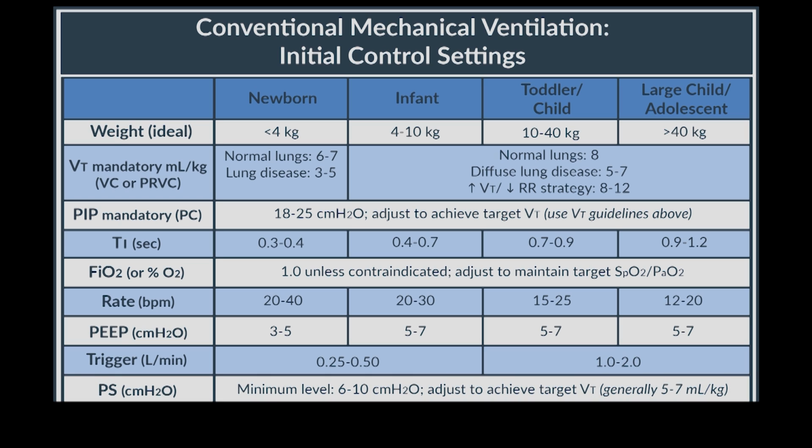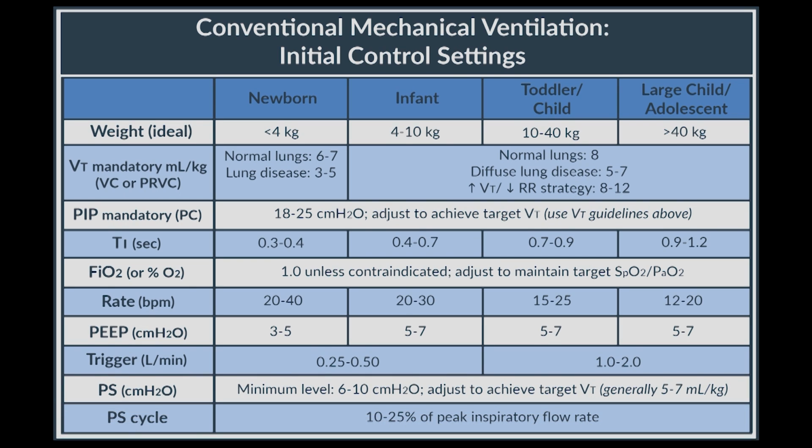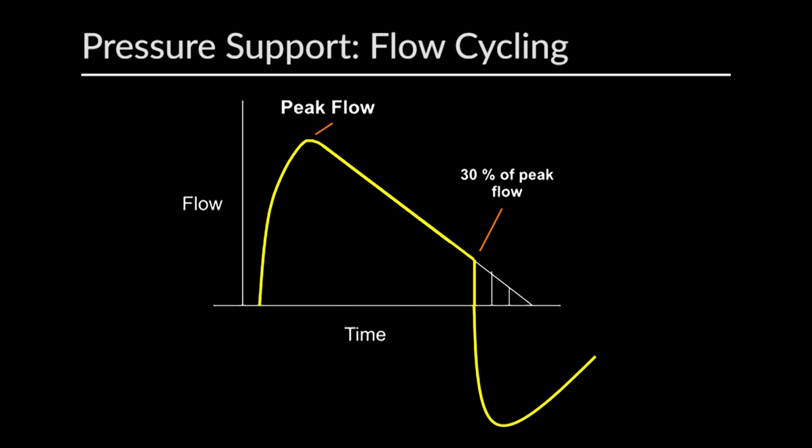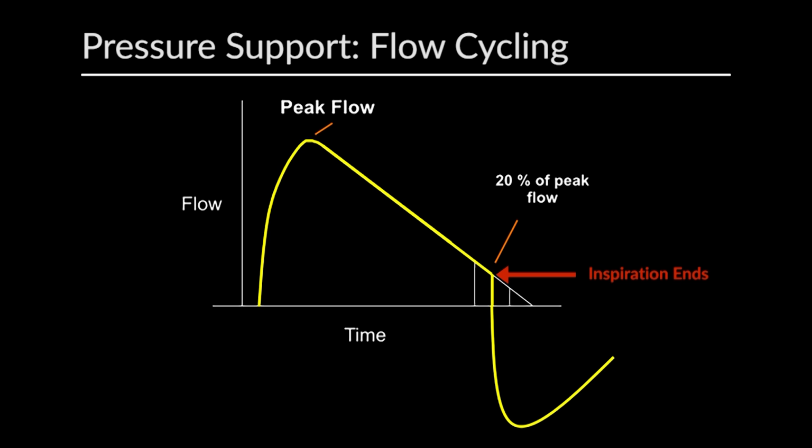With pressure support, since pressure support breaths are flow terminated or flow cycled, most ventilators have a setting for that flow cycling criteria. And usually that setting is set as a percent of the peak inspiratory flow rate. That is, inspiration will end when inspiratory flow drops to some percent of the peak flow rate that was used during that breath.